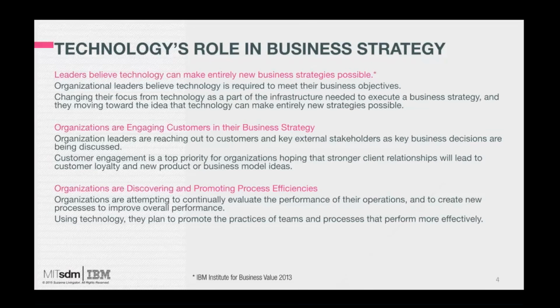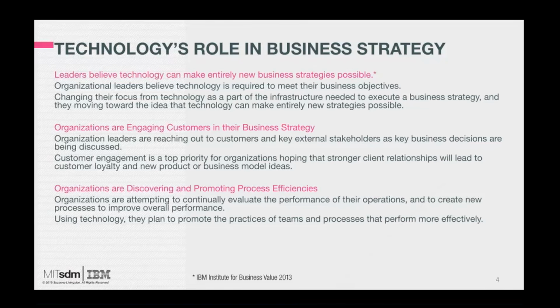Out of that insight from our research organization, there were 2 trends that came about that are helping to push this forward. One of those trends is around organizations engaging their customers and helping develop a business strategy. This is especially true with product and service development. Rather than wait for a product to be released into market, organizations are engaging customers and potential customers earlier on in designing and developing new products and services.